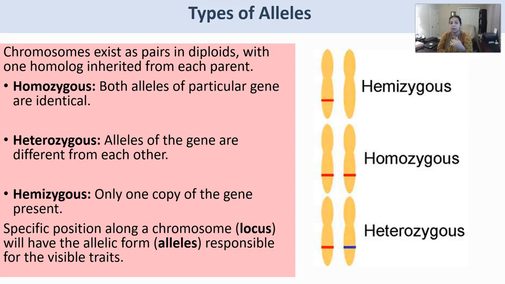Now, the specific position along a chromosome where a particular gene lies is called a locus. So each point where there is a gene, that's a locus for that gene. And each allelic form is going to be responsible for that visible trait that you see.